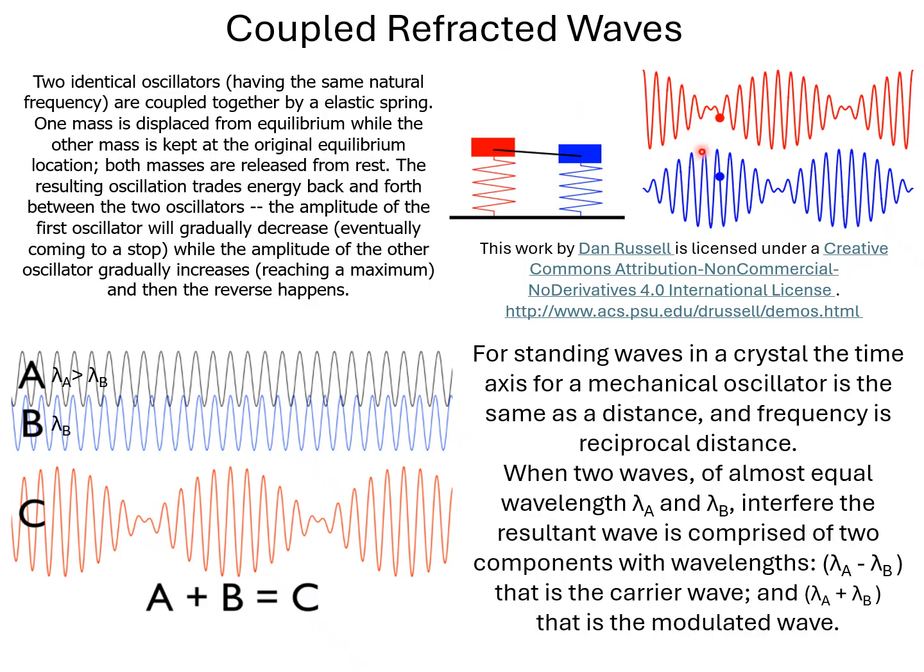These waves are sharing energy back and forth, and the amplitude is varying accordingly. And that's the coupling effect. Now, this is a mechanical oscillator, and it's not quite so simple for us in diffraction because we have these scattering events which change the phase, and it's not exactly like this.